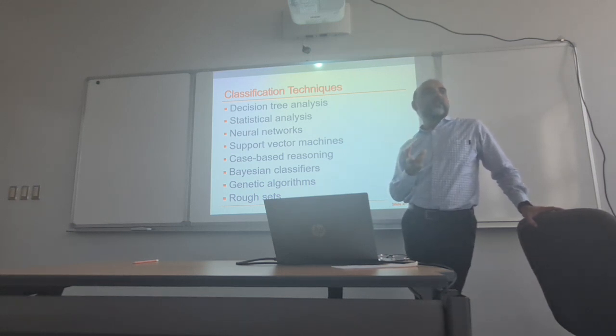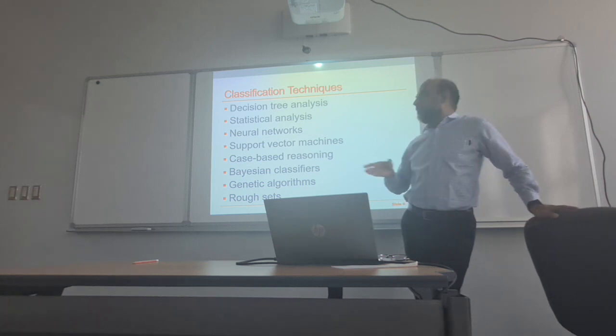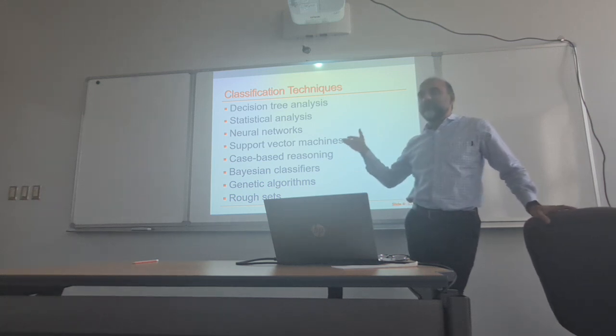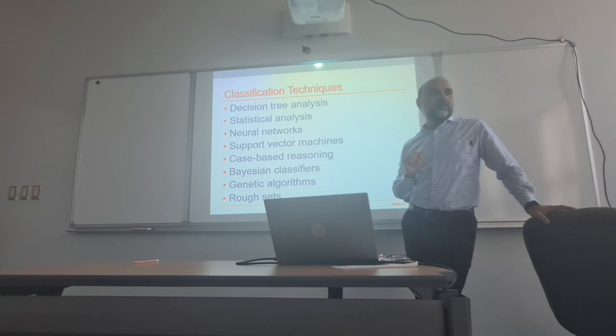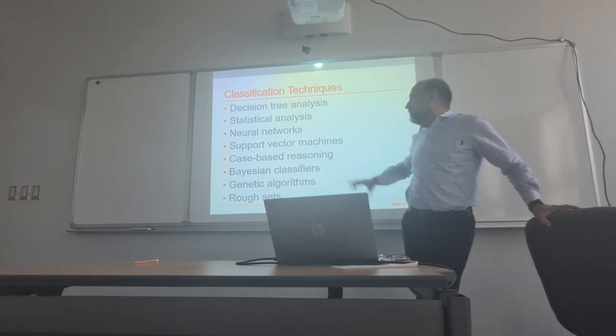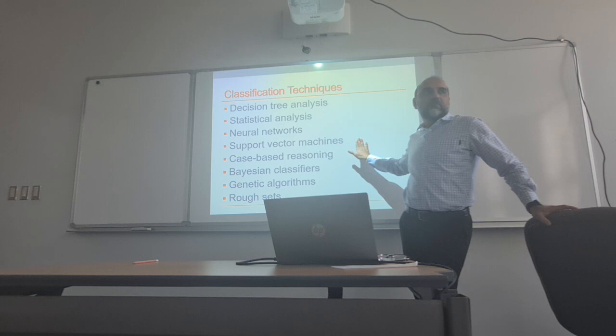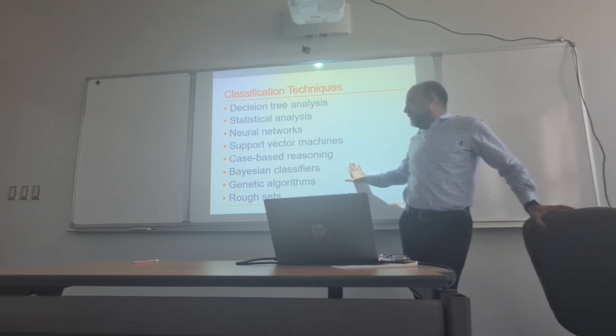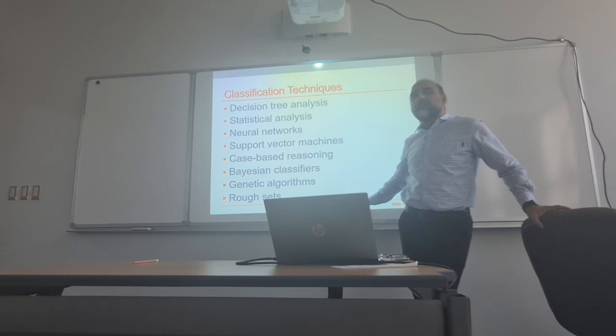You have to go to data mining, and for each problem there are apparently several algorithms that you can use. For example, in classification you can use decision tree analysis, or neural networks, or support vector machine, or case-based reasoning, Bayesian classification, genetic algorithms, rough set, fuzzy set, and the list keeps going.